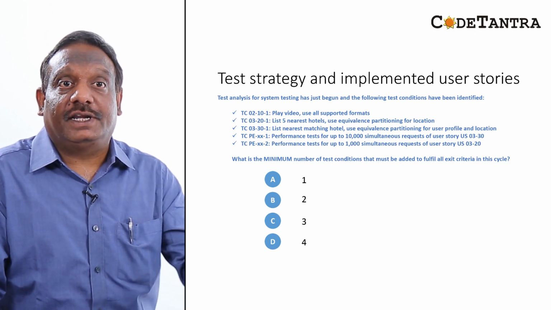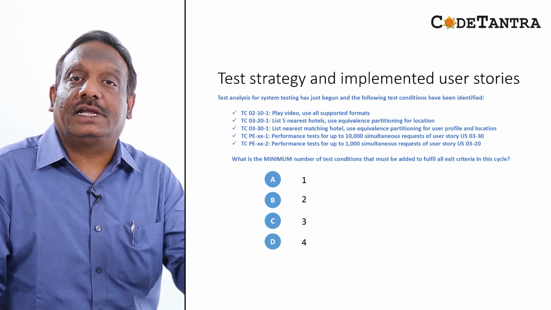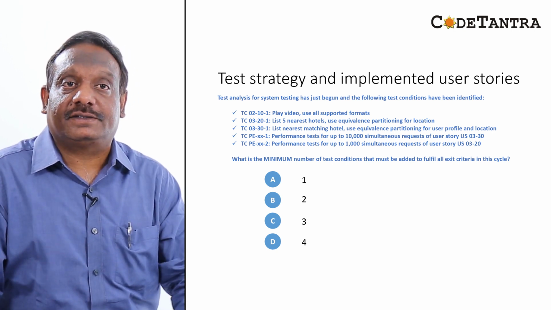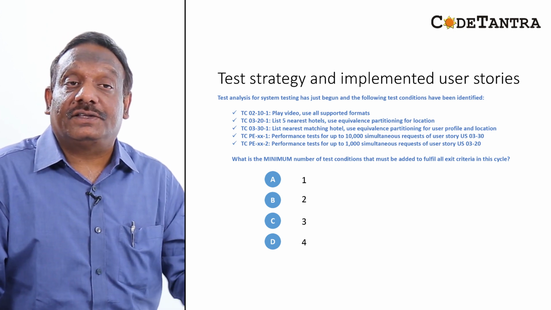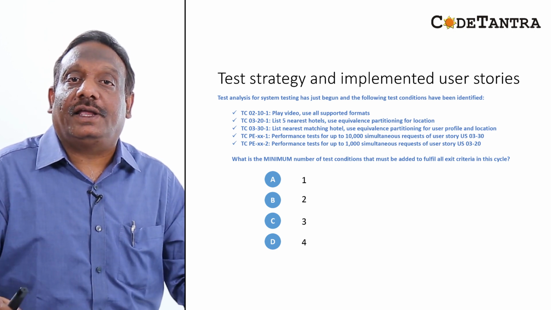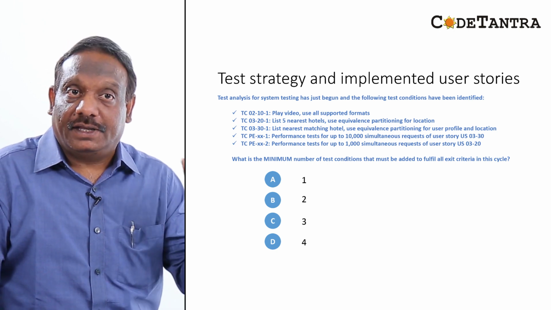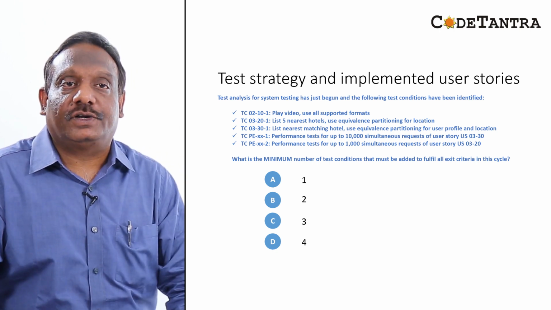And the 320 test condition is list 5 nearest hotels, use equivalence partition for location. Again, the functionality test, a test condition has been identified. Now test condition 3 is 330, which is list nearest matching hotel, use equivalence class partitioning for user profile and location. That is for your list nearest matching hotel user story.